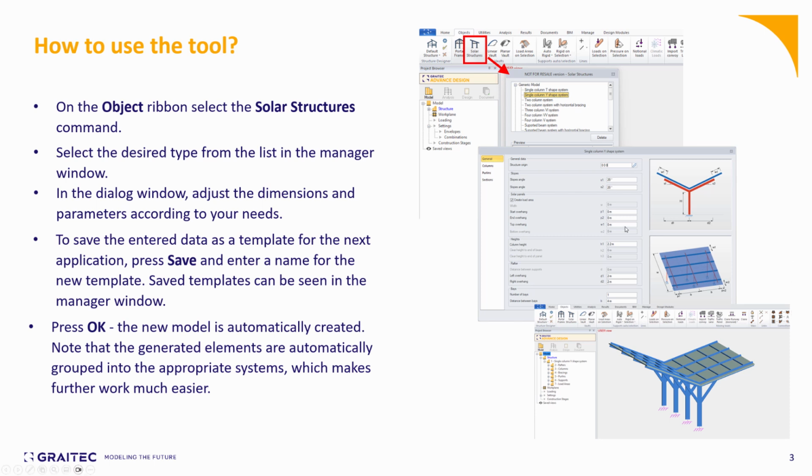Finally, after you're done with the definition of geometry, you can click OK, and the structure will be generated in Advanced Design. Also, we have another option, which is save, so you can save this template and reuse it again in your other projects if you want to use the same geometry type.